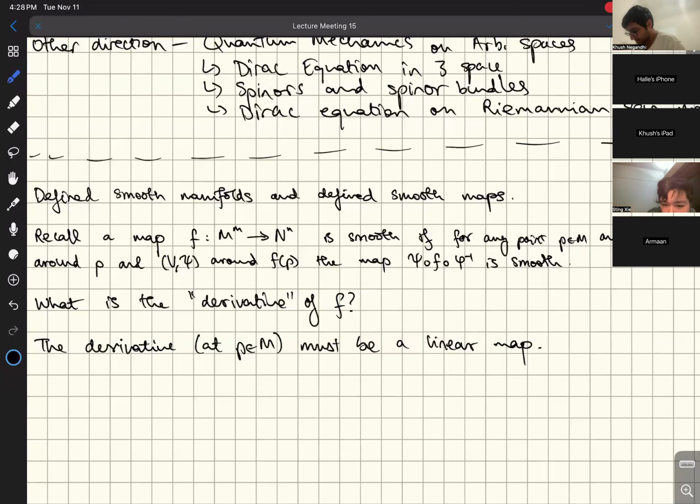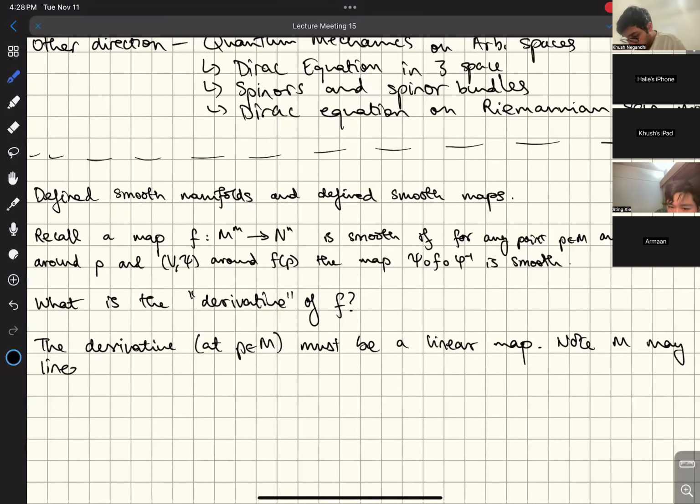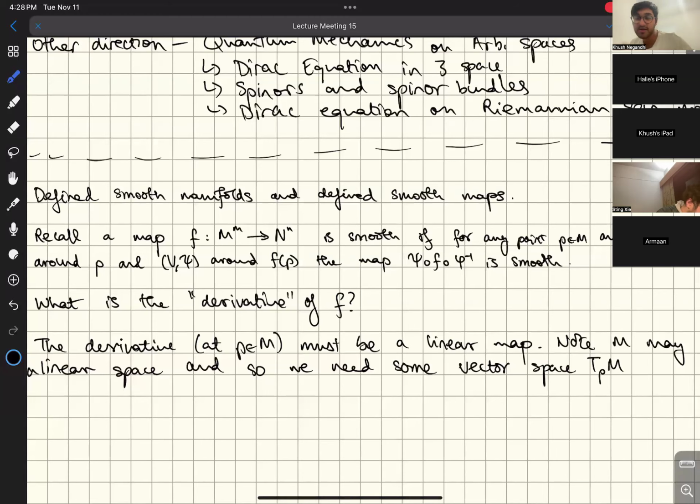So note M may not be a linear space. And so we need some vector space that I will just, for foreshadowing, call TPM.